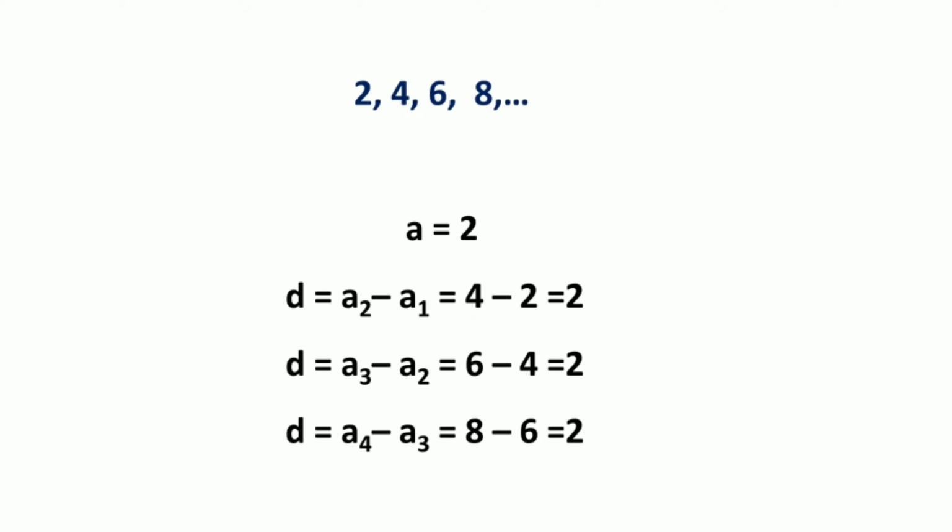So the common difference, that is a2 minus a1, which is equal to 4 minus 2, which is 2, should be equal to a3 minus a2, and also equal to a4 minus a3, which is 8 minus 6, that is 2. So here the common difference is 2 and the initial term is also 2. We can say that this sequence is an arithmetic progression.